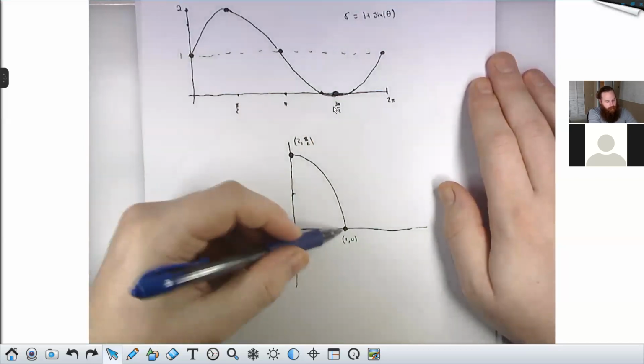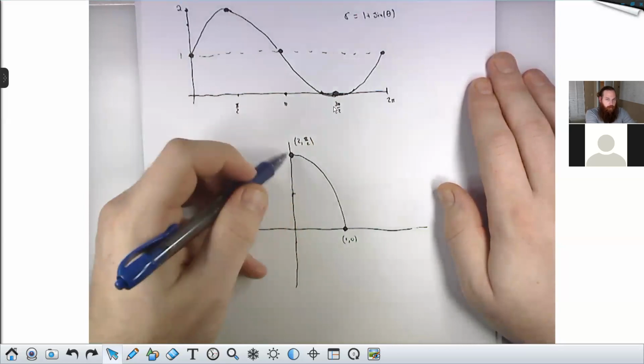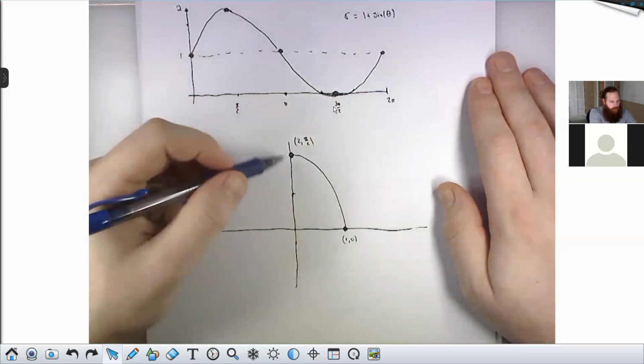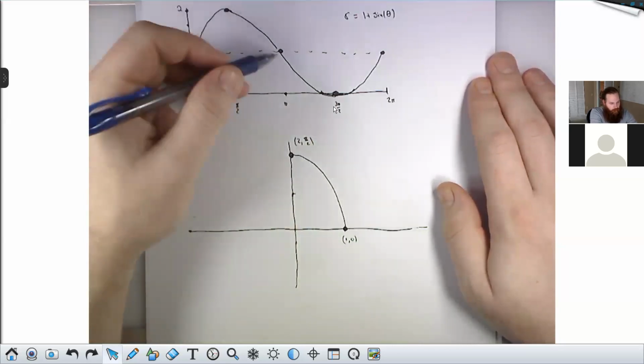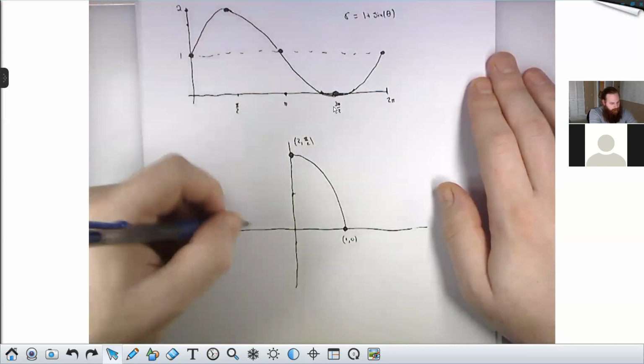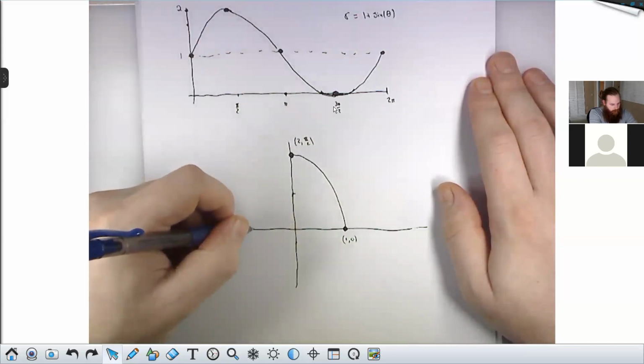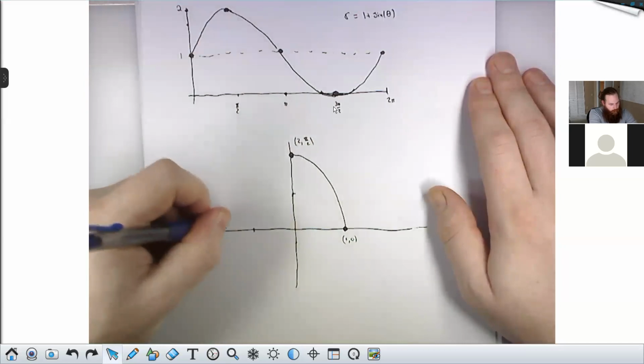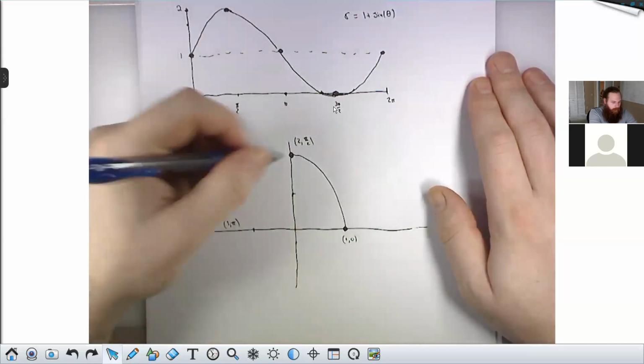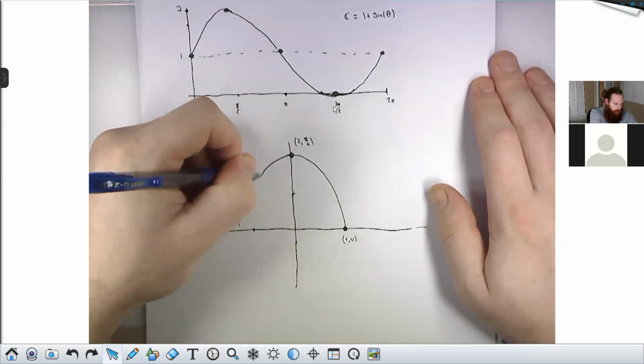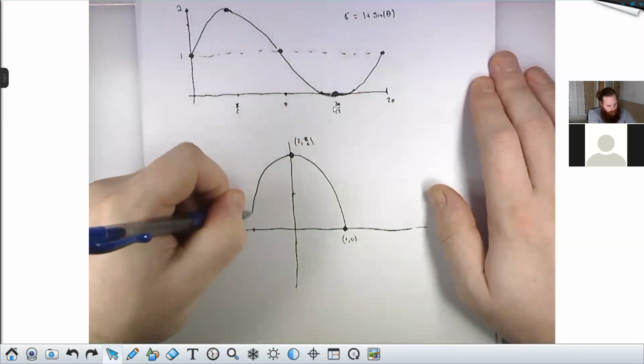So this is coming from the theta range 0 to pi over 2. And then as I rotate past pi over 2 towards pi, I come back to 1. So here's the polar point 1 comma pi. And my curve there would look like this.